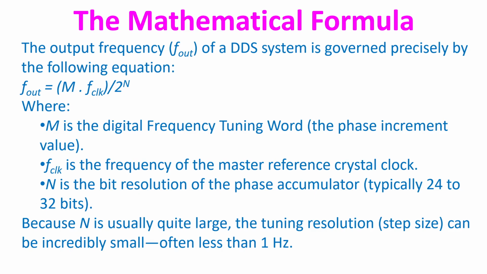F clock is the frequency of the master reference crystal clock. N is the bit resolution of the phase accumulator, typically 24 to 32 bits. Because N is usually quite large, the tuning resolution, step size, can be incredibly small, often less than 1 Hz. That's what we call sub-Hertz resolution.